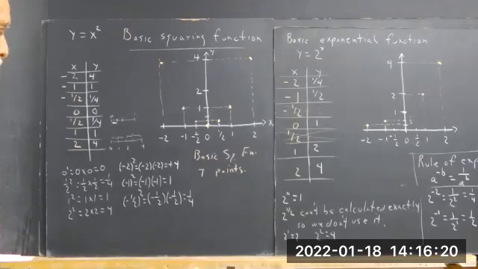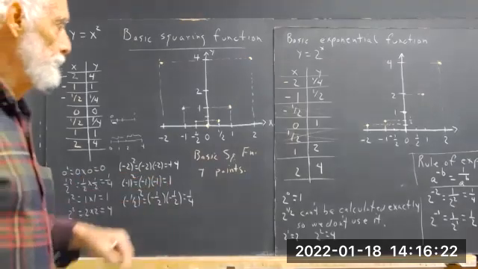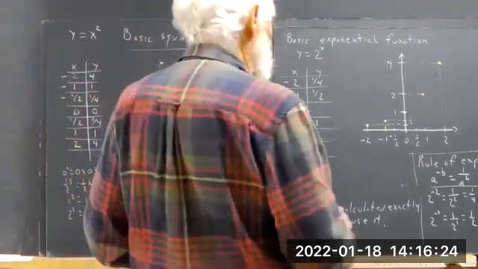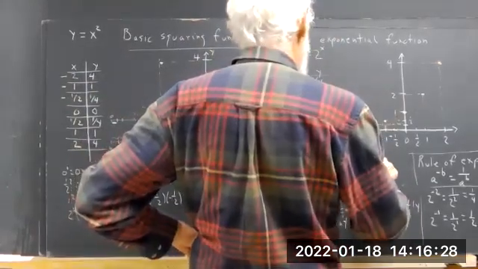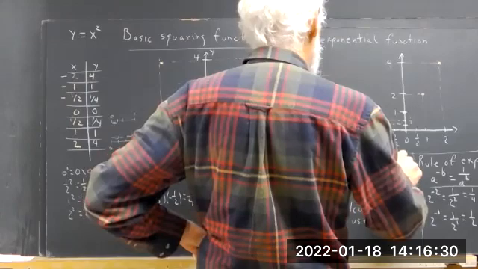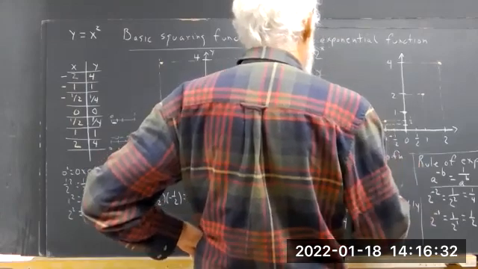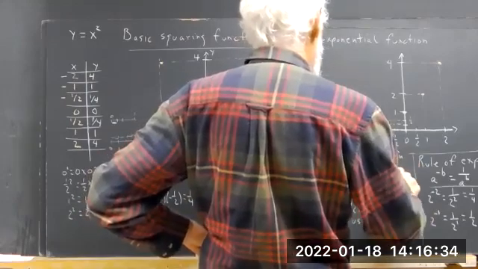Basic squaring function has 7 points. The basic exponential function 5 points.